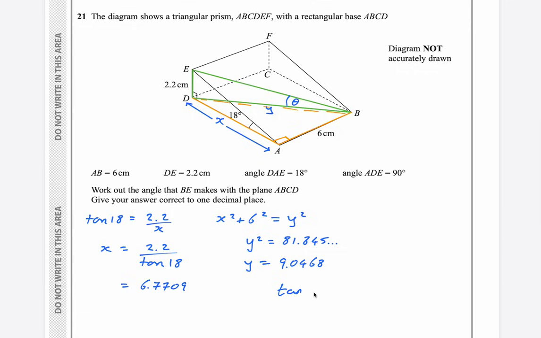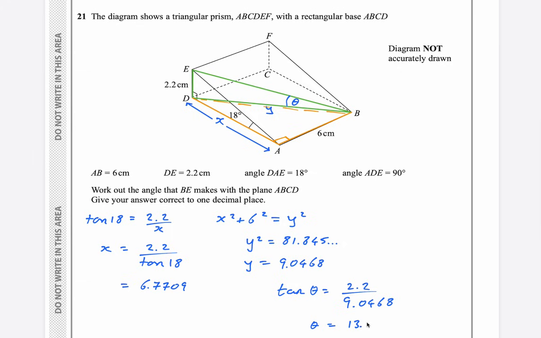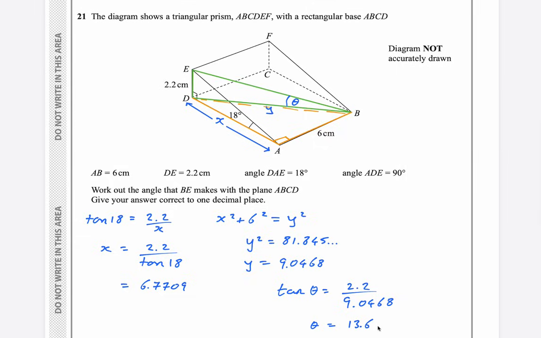So I can say tan of theta is equal to opposite over adjacent. Opposite is 2.2, adjacent is y, or 9.0468, and then theta is equal to the inverse tan of 2.2 over 9.0468, which is 13.66788.